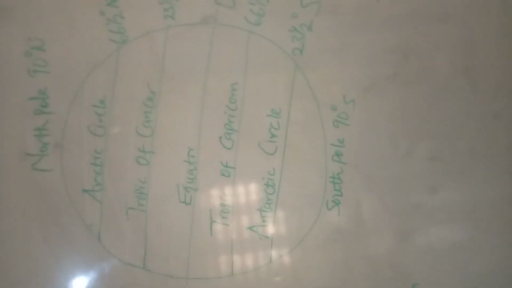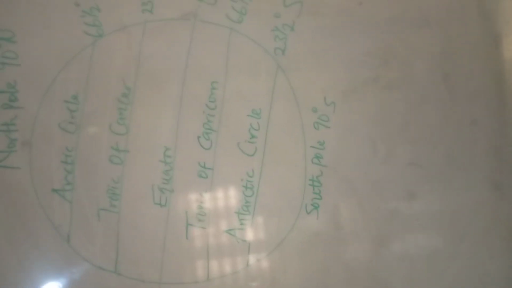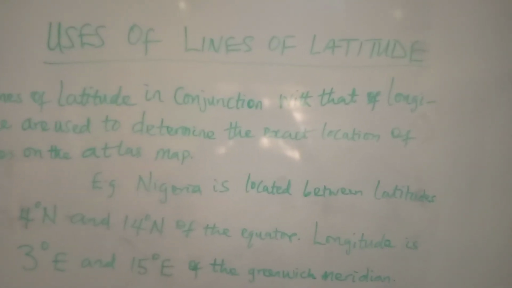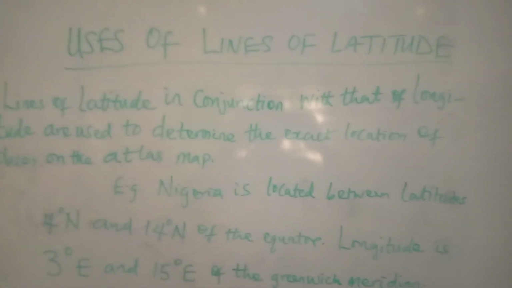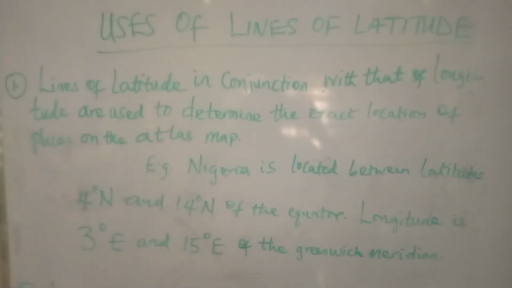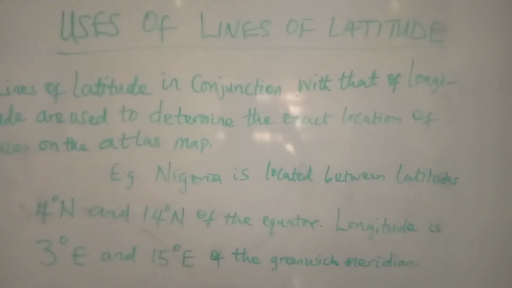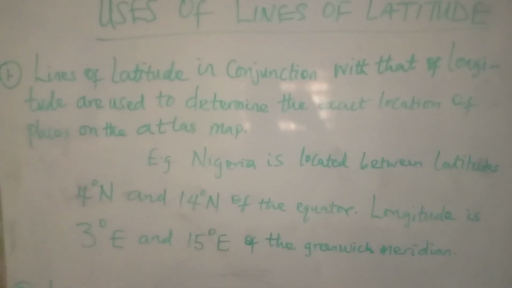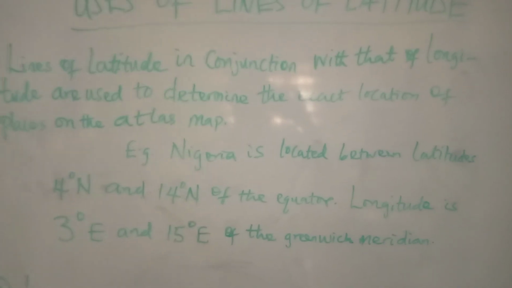Now we are going to be looking at the uses of lines of latitude. Now, these are the uses of lines of latitude. The first one is lines of latitude in conjunction with that of longitude are used to determine the exact location of places on the atlas map.